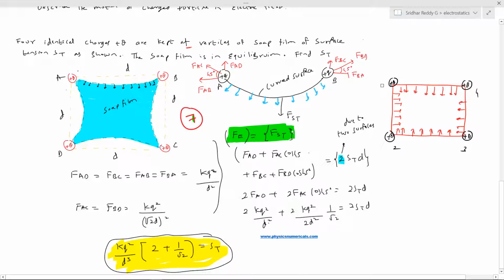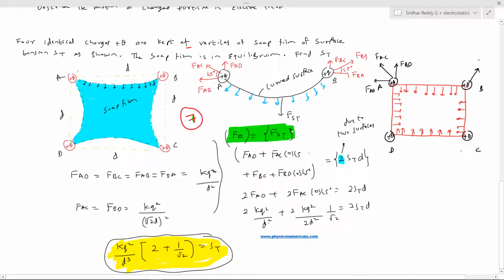Or A, B, C, D is what I took. This is A, this is B, this is C, this is D. So the electrostatic forces are FAB, FAD, then FAC.